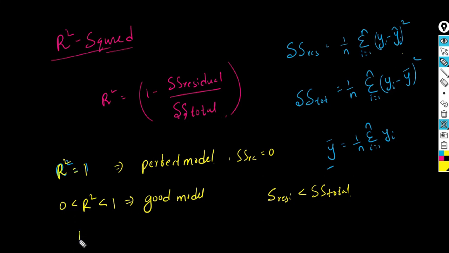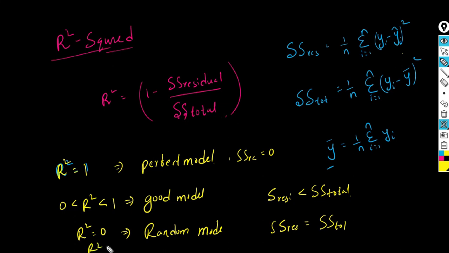If R square equal to 0, when will this happen? When these two are equal, the value is going to be 1 minus 1, which is 0. That means SS residual is equal to SS total. This model is like a random model.